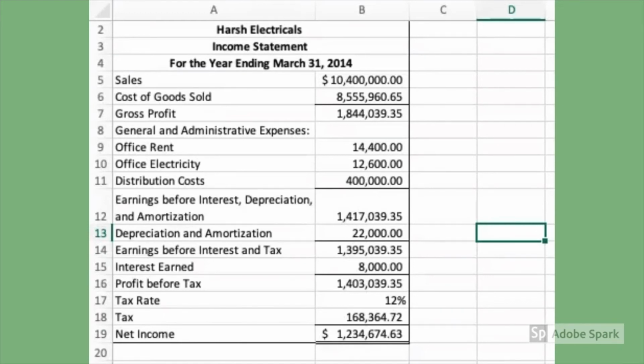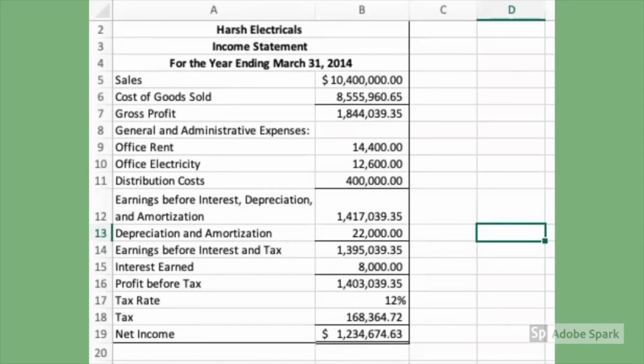A lot of this information is pulled directly from the cost information on our first tab. So if you'd like to look back after we're done explaining these numbers, you can see exactly where we got them from. Our first item is our sales. Our sales were $10,400,000. And then you have to take out cost of goods sold to get gross profit.